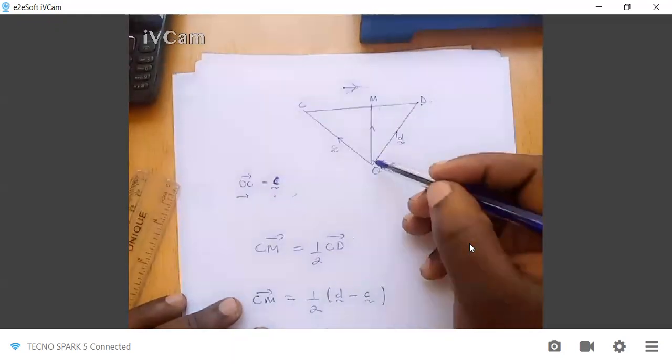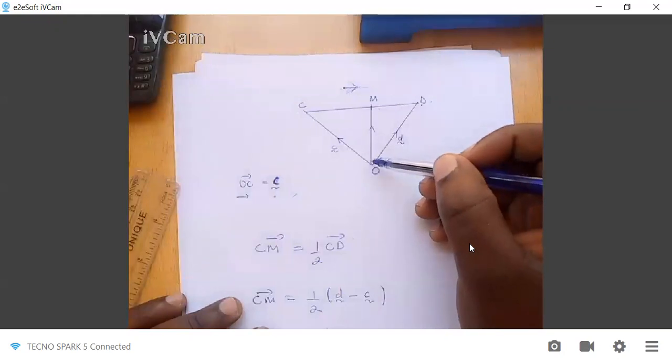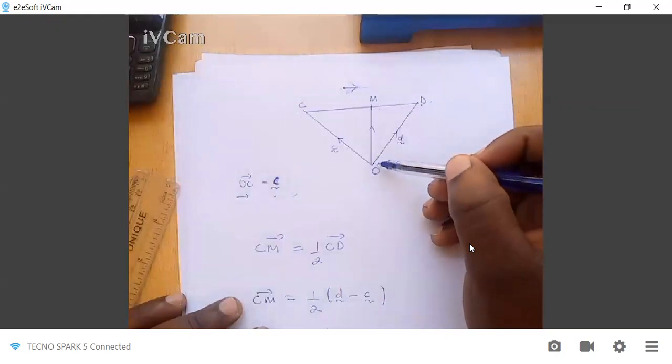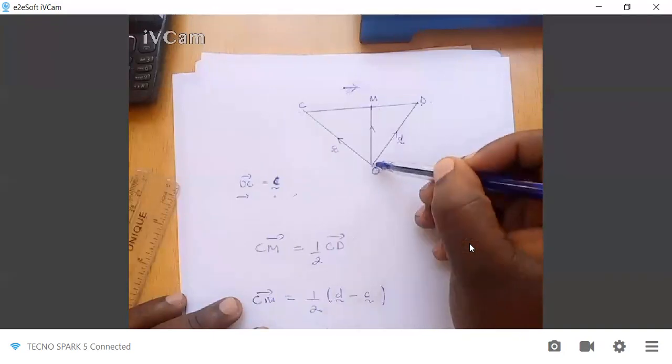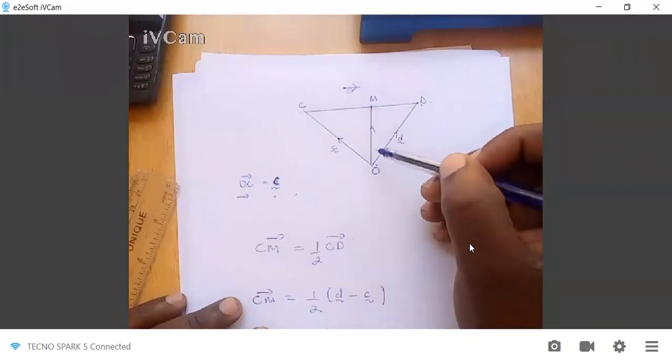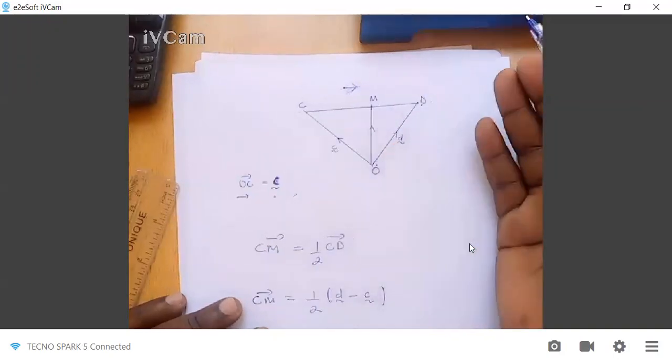So this is OM. Now, how will you reach M when you are coming from O? How would you reach M if you are starting from O without taking this direction of OM? Which other directions can you use to reach M? That's what they're asking you.